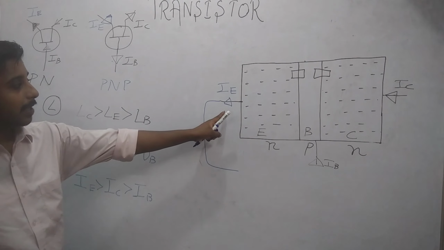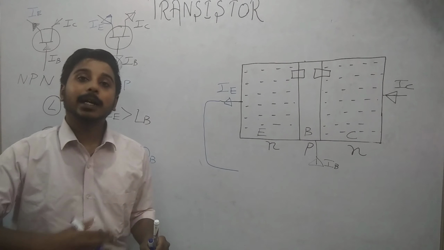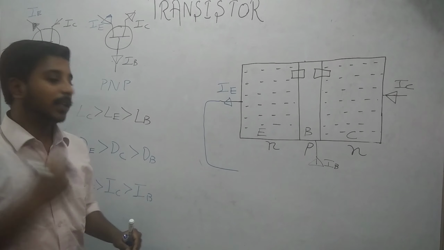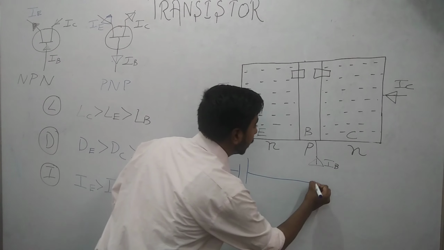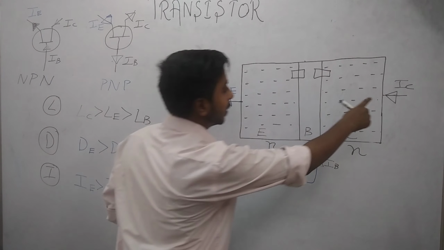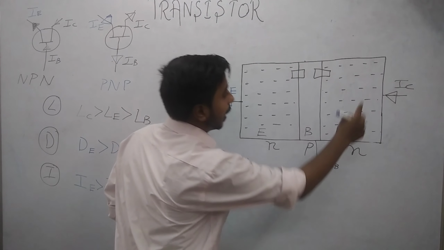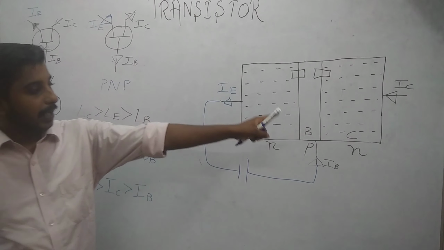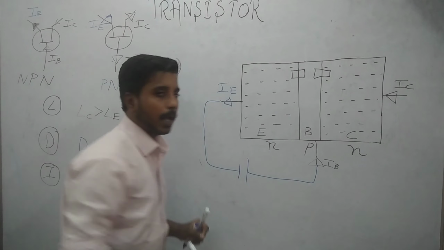So here, as you can see, current is coming outward, and current comes outward from the negative terminal. So this will be at negative potential and this will be at positive potential. Also you can see in this one, that is in base and collector, that current is going inward.